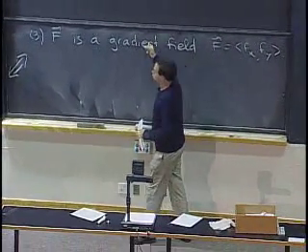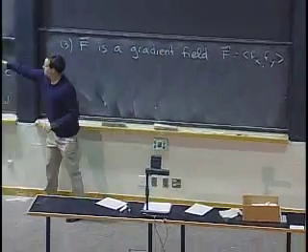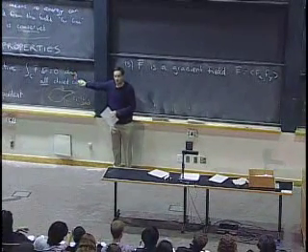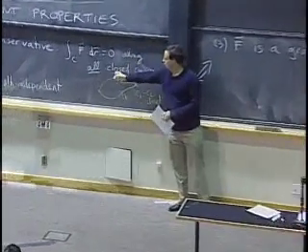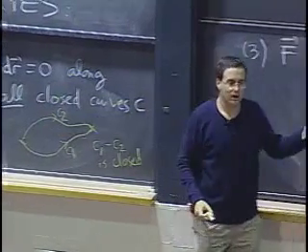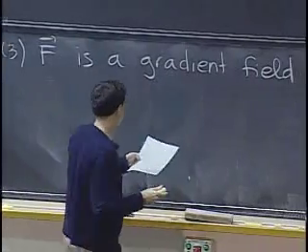Why? Well, if we know that it's a gradient field, then we've seen that we get these properties out of the fundamental theorem. Question is, if I have a conservative or path-independent vector field, why is it the gradient of something?